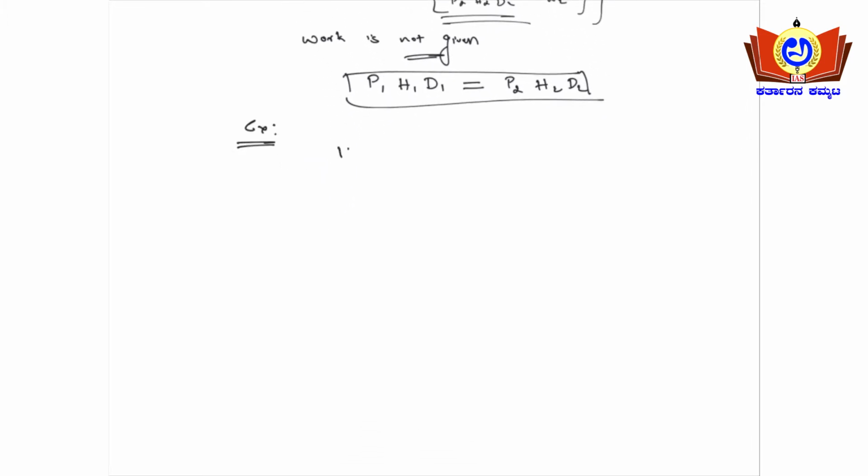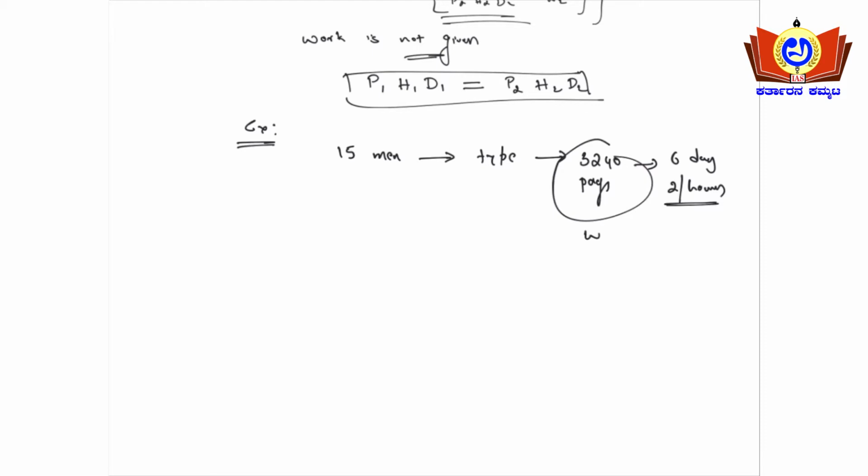15 men can type 3240 pages in 6 days, working 2 hours per day. The data given here is the work done, how many men there are, and how many days and hours they are working.